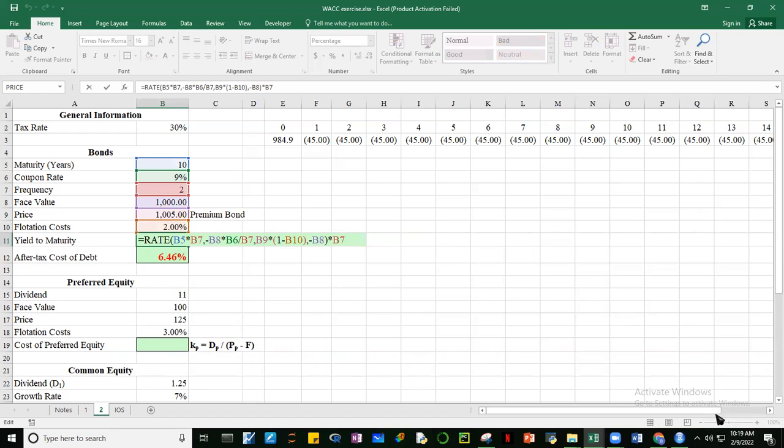Then once again guys, please feedback. We're running out of time. Kindly chat please guys kung nakuha na yung yield to maturity. That's the cost of debt then. Another name for the cost of debt is your YTM, yield to maturity.